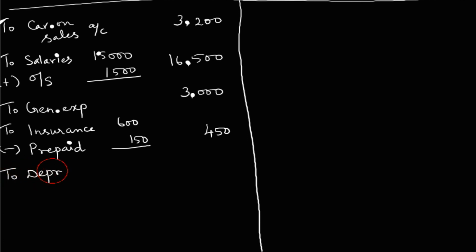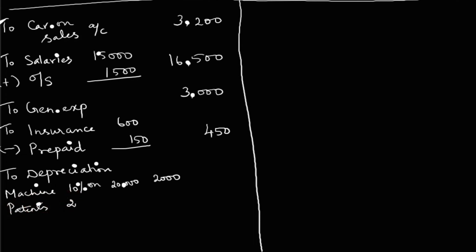You have depreciation on assets. Machinery 10% on 20,000, 2,000. Patents also has depreciation, 20% on 7,500, that gives 1,500.